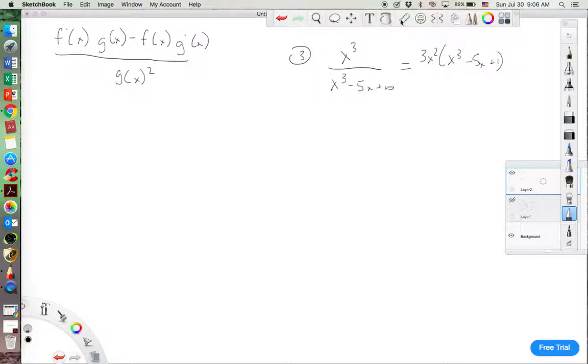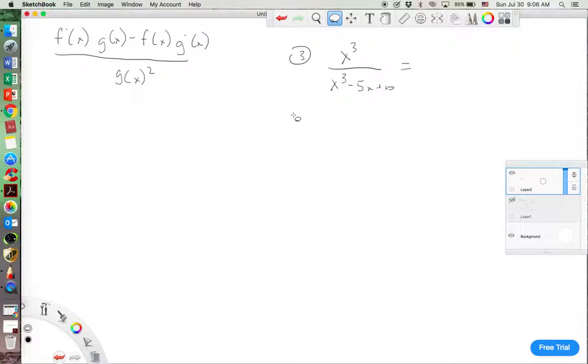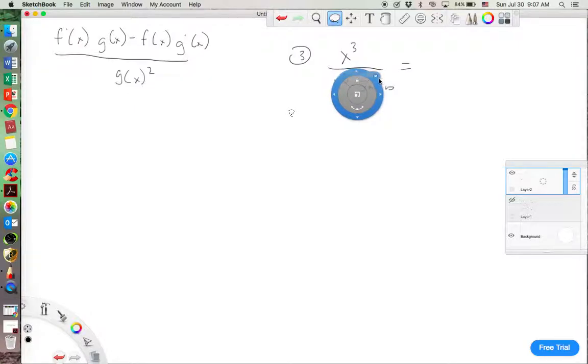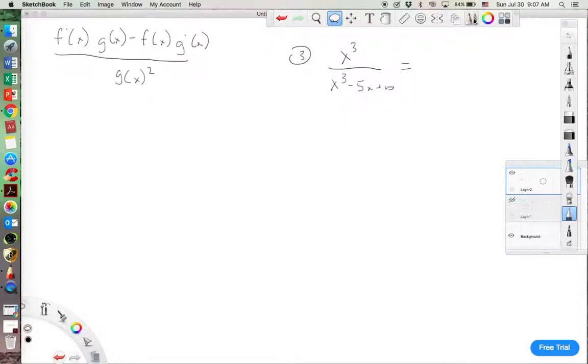Not enough room up top. (3x squared times x cubed minus 5x plus 10).